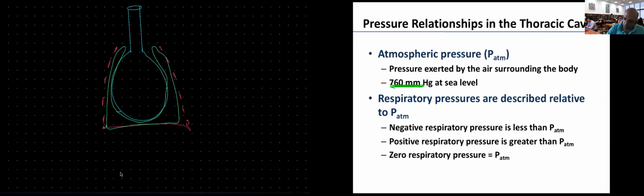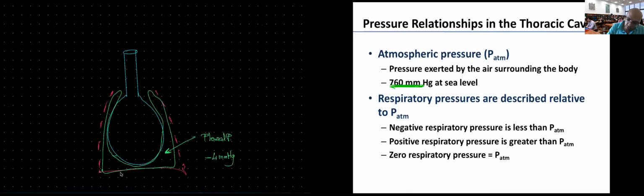This is my pleura. So again, the pressure here is my intrapleural pressure. It's -4 millimeter mercury. The pressure in the atmosphere, atmospheric pressure, is 0 millimeter mercury.